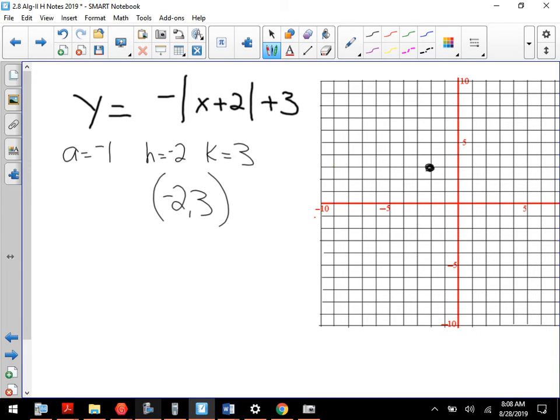A value is -1, which means you have two slopes. You have -1 slope and you have a +1 slope. But remember, you're moving down. So if you do your negative slope first, then the positive slope just goes the other way.